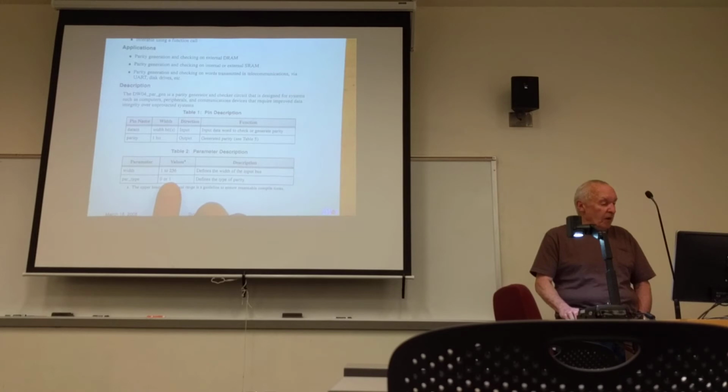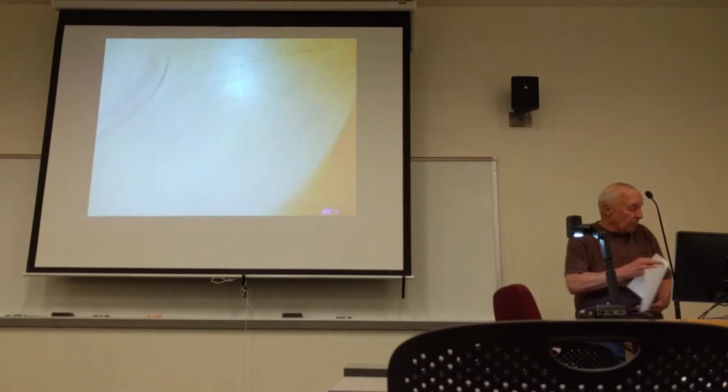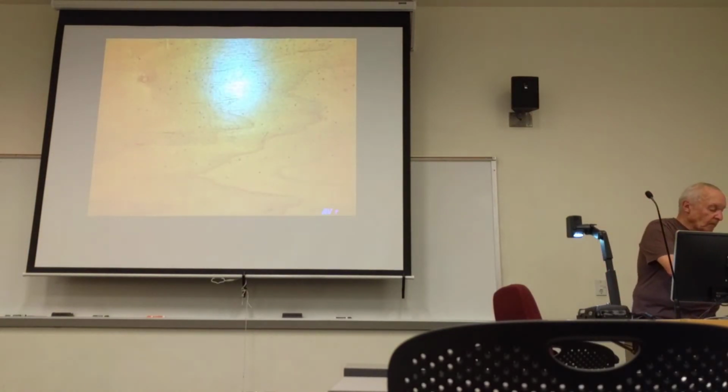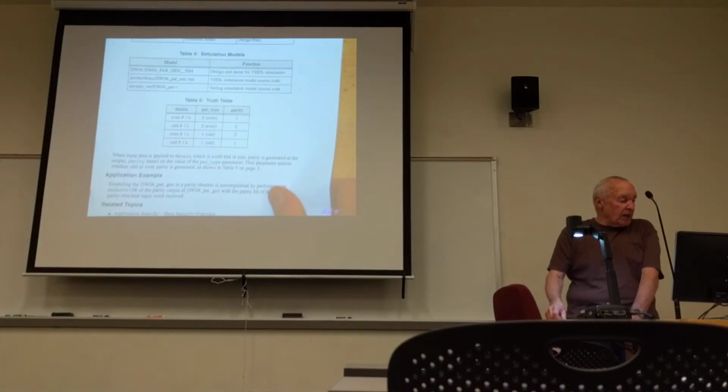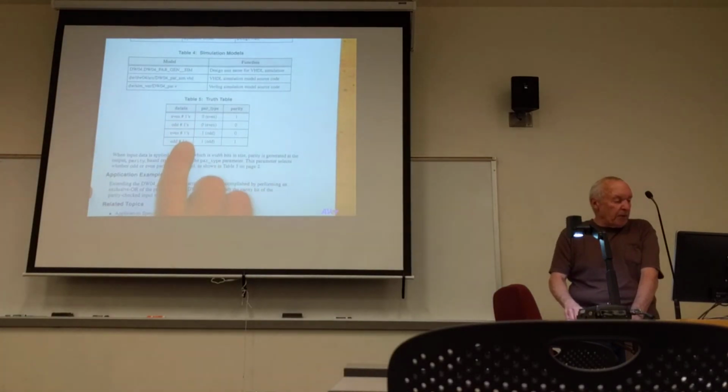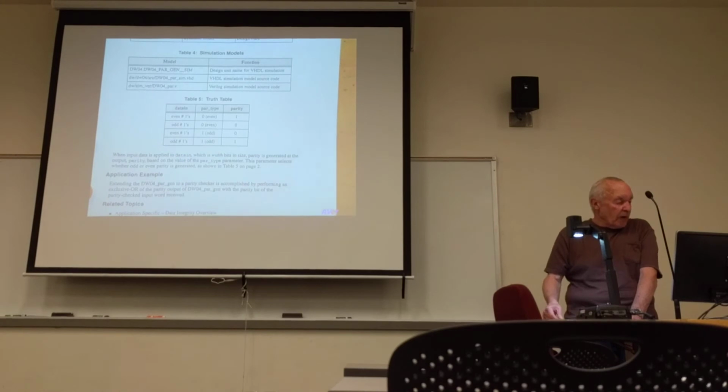And you also have a parameter 0 or 1 that defines whether you want even or odd parity. So in the data sheet, they tell you if you have even or odd parity, what the parity type parameter should be.